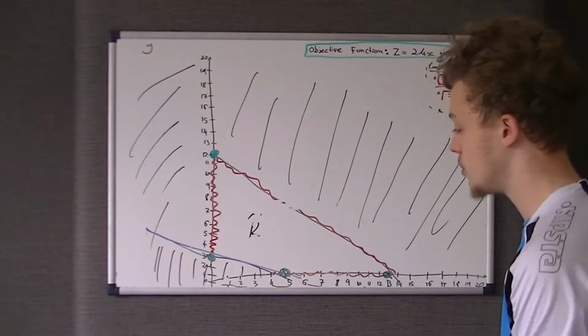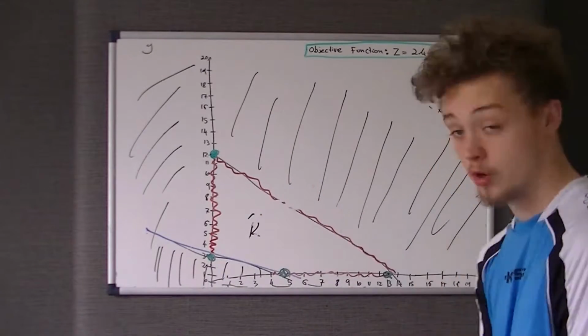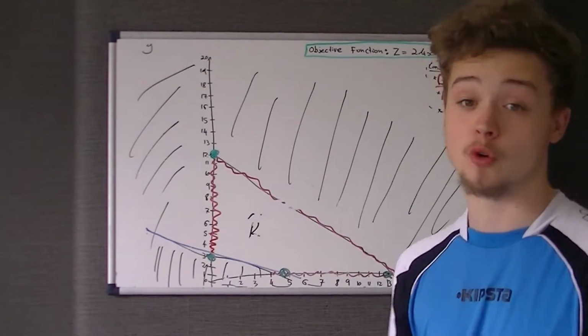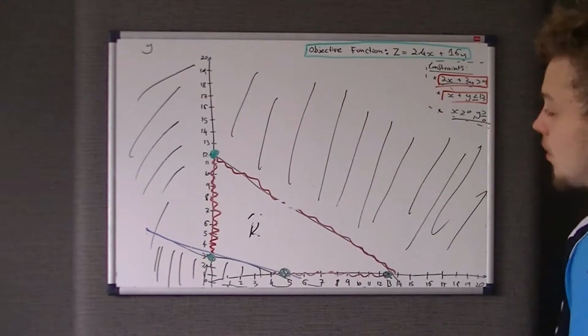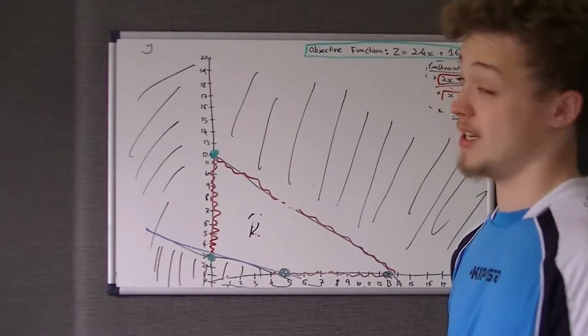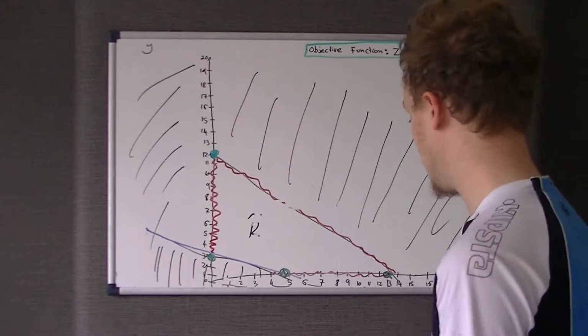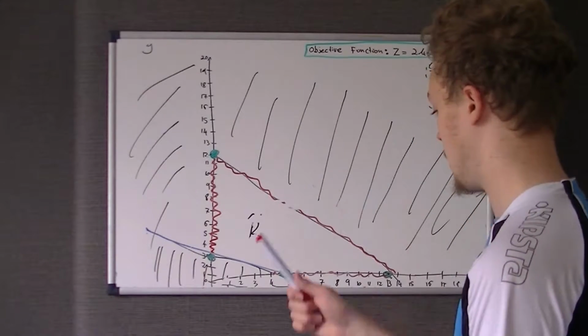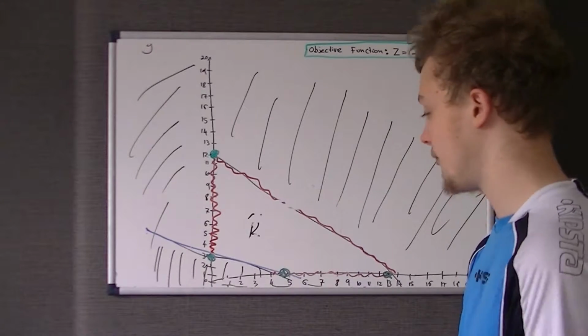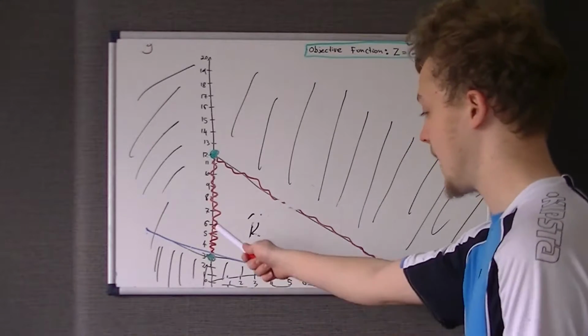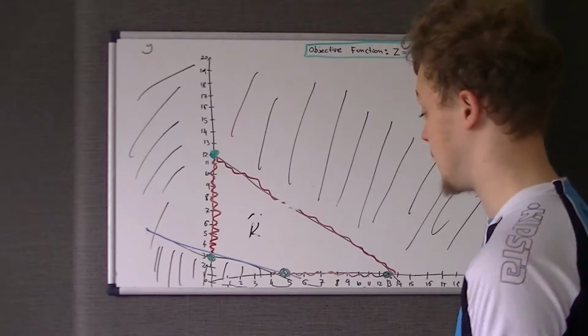Okay, so you might want to sub in each value, each point of the corner, into this objective function and see which gives the biggest result. So obviously this point here is 0, 12. One of the other points is 13, 0. This point here is 4.5, 0, and that point there is 0, 3.